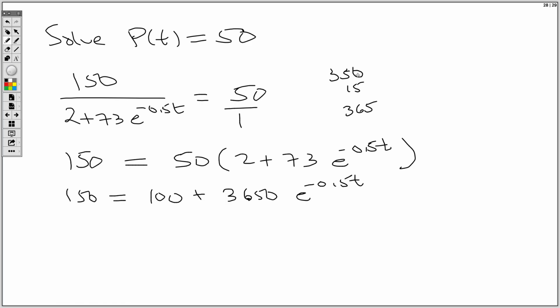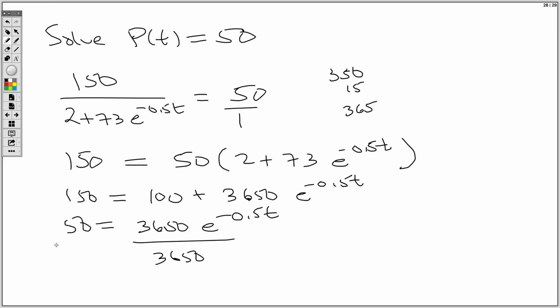And multiply by 10. So then we're going to subtract off the 100 from both sides. And divide by the 3650. So that's 5 over 365.